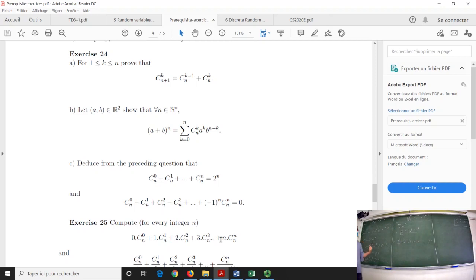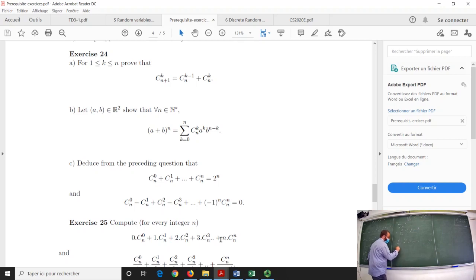I do the same for the second sum. For the second sum, I will make appear the index from 1 to n. But if I do this, I miss the term for k equal to 0. What is this term? For k equal to 0, I have c 0 n, that is equal to 1, a to the power 0, that is 1, and b to the power n plus 1.